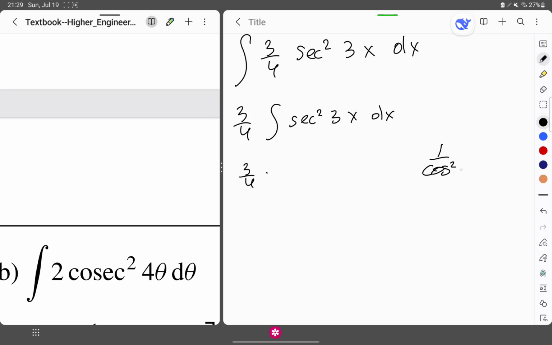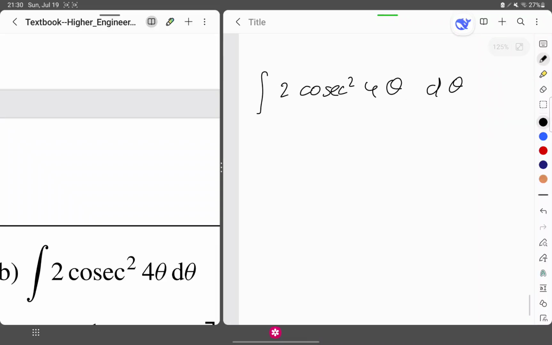And that will be 1 over 4 times tan 3x plus c.